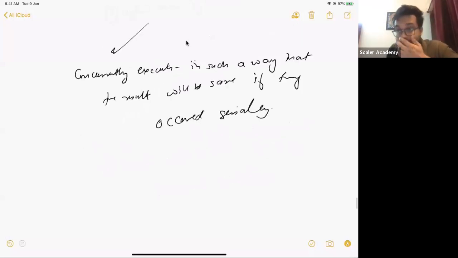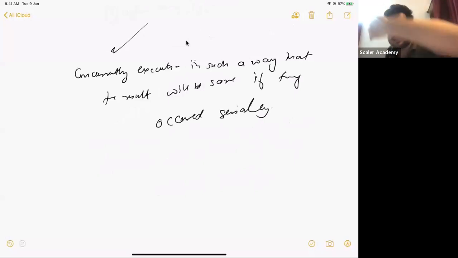It means only that order of execution will be followed which gives you the same result as if they were being run serially. It is a big guarantee that you are giving.